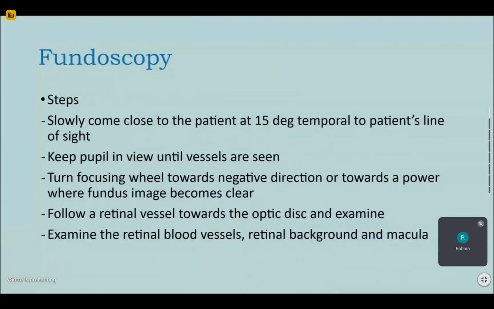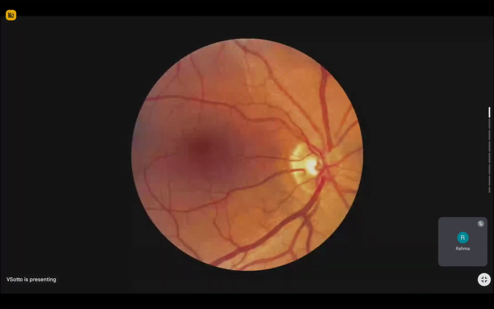And then you follow the retinal vessels towards the optic disc and examine for any abnormalities of the vasculature, or any abnormalities in the retina. Examine the retinal blood vessels, the retinal background, and the macula. And you examine the patient's fovea last, as the light would be very irritating and debilitating to the patient.